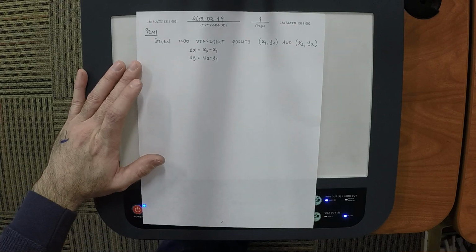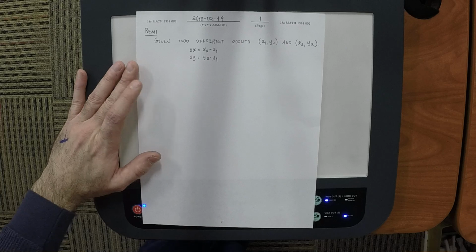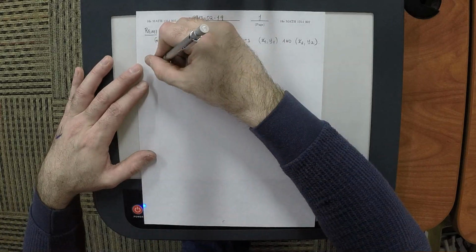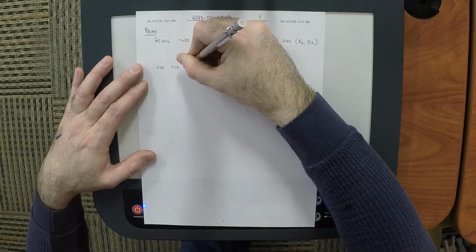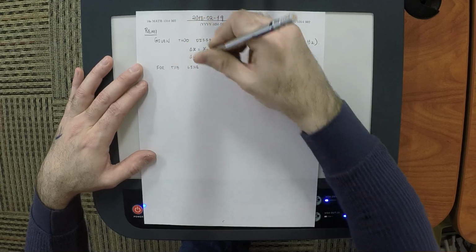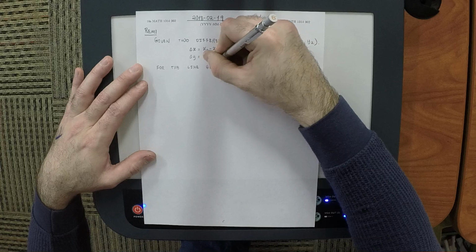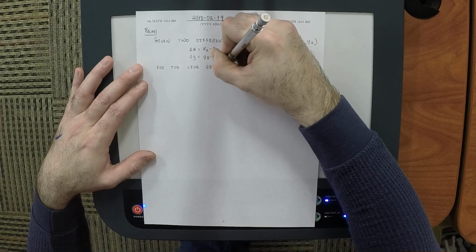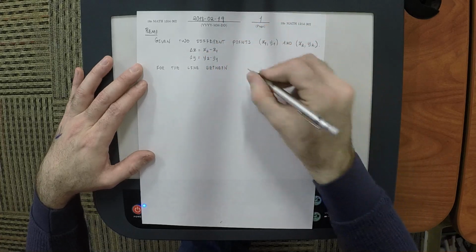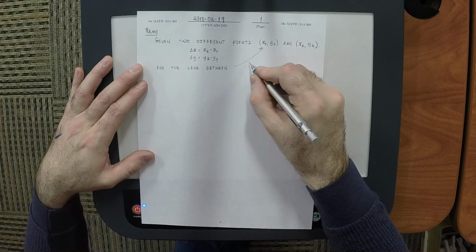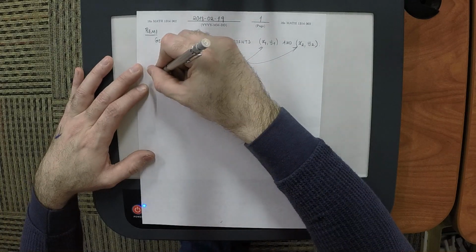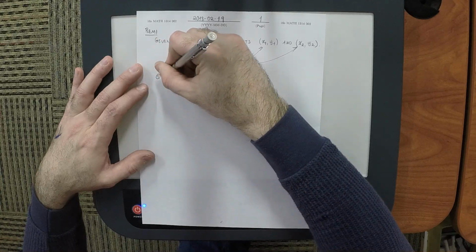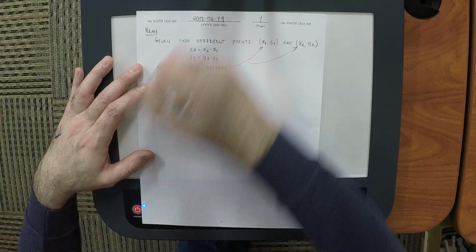Concerning the line between these 2 points, there's 2 possibilities. The first case is the vertical case.